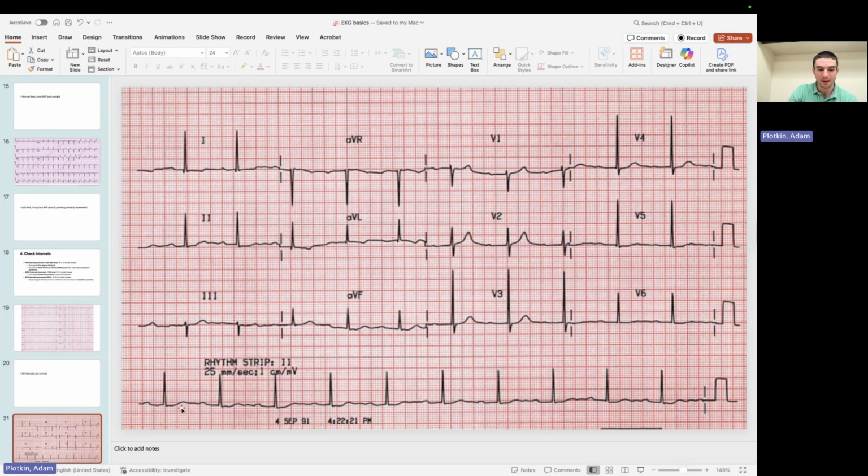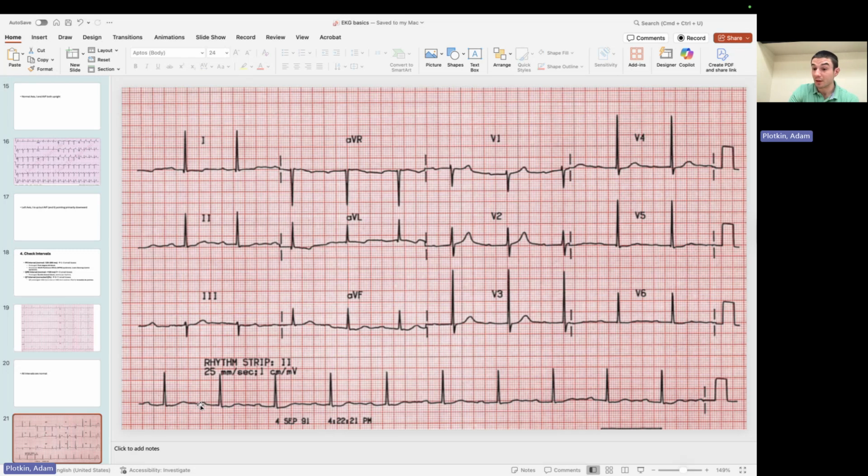So this one looks pretty regular to me. I do see a P wave before every QRS, but there's something weird here, right? Look how long the PR interval is. This is huge, right? So I think it's good to start here. This one lines up right on the line where it starts.